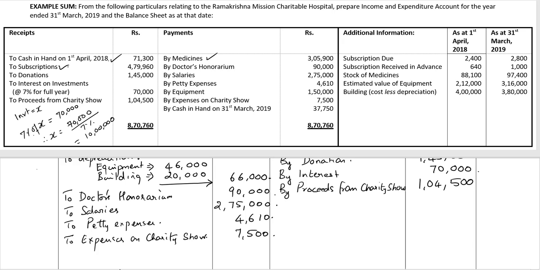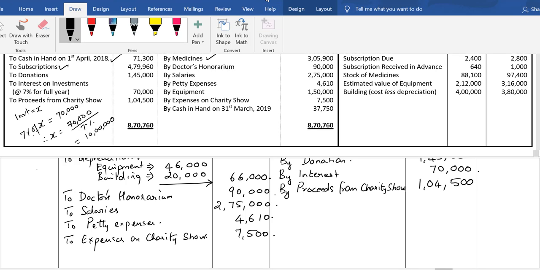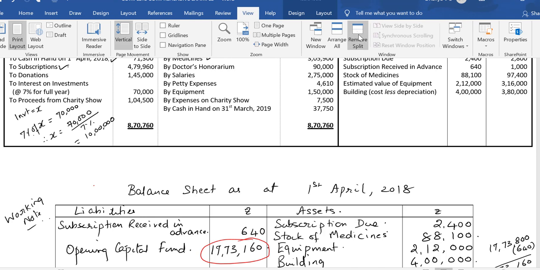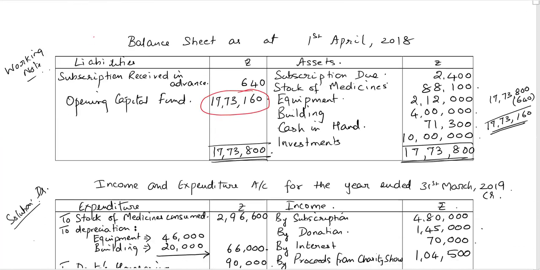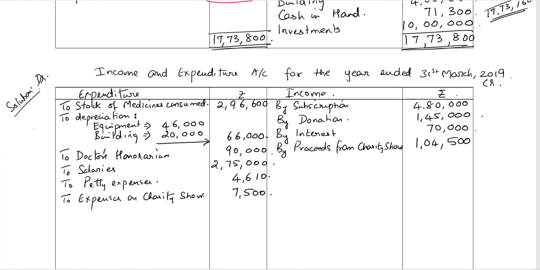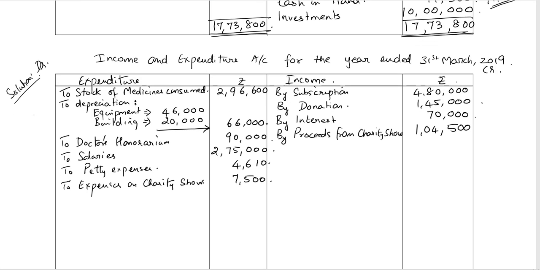So we are done with the income and expenditure account. Let's balance it. I'll total up the credit side first.